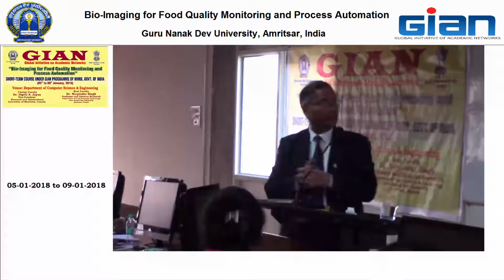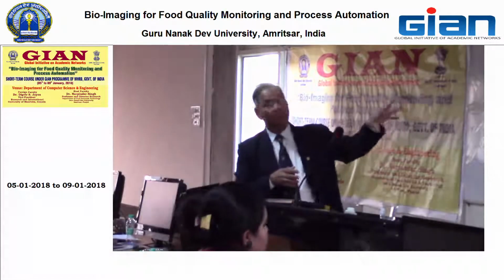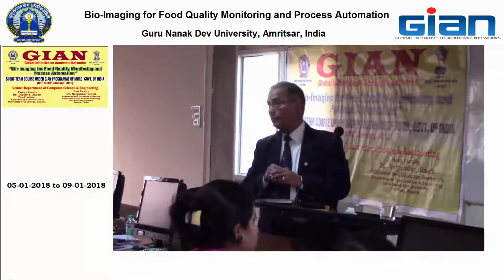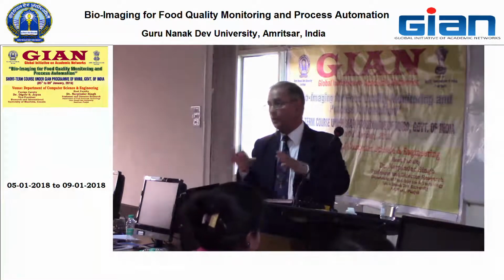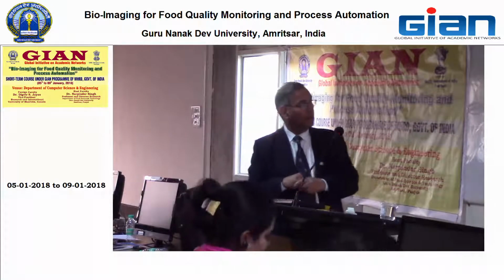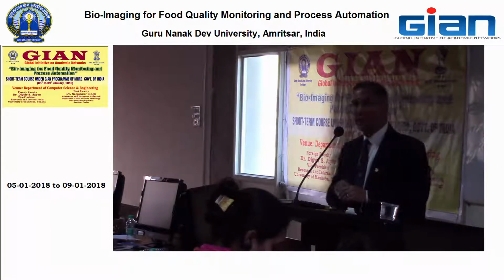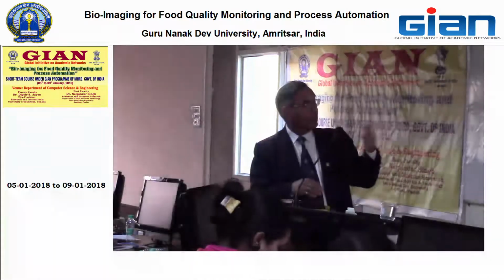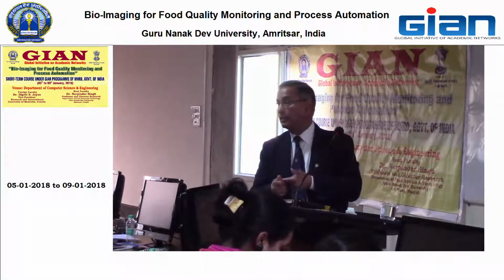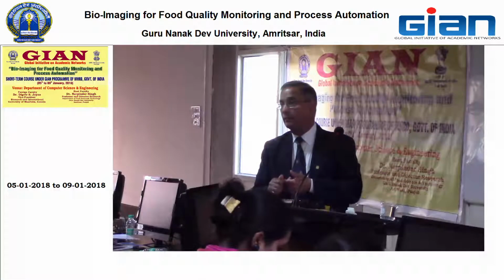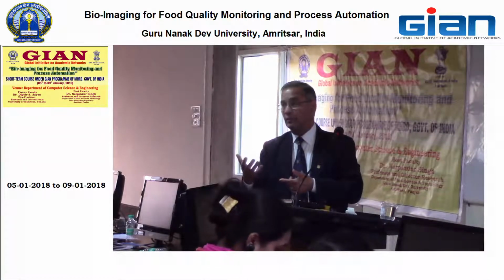Okay. But these are just examples from our research, of what we were able to detect with the visible images in the visible spectrum, with reasonably high accuracy. So detection of fungal infection and discoloration in the pulses. People are very sensitive to the color of the pulses.